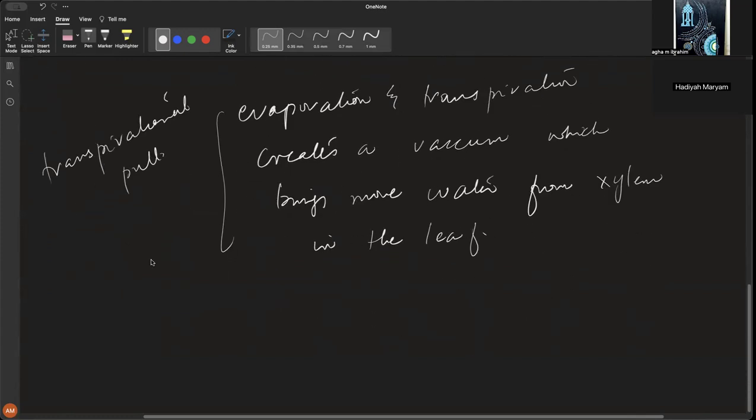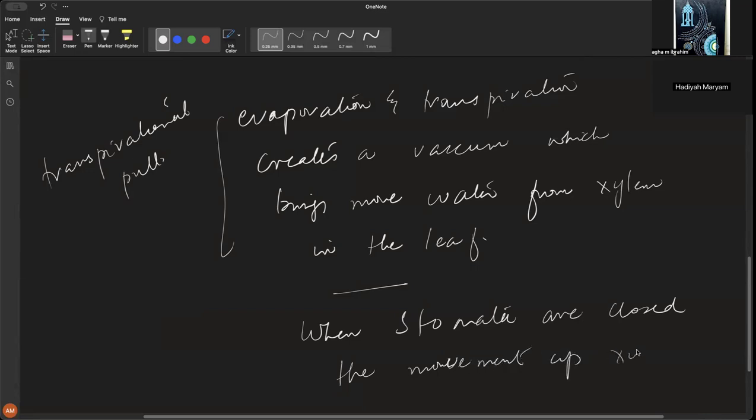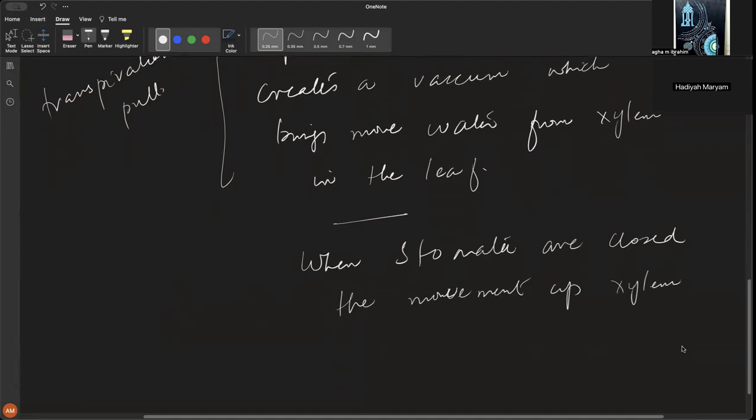So that is why, when stomata are closed, the movement up the xylem vessel slows down to almost none, to almost no movement.